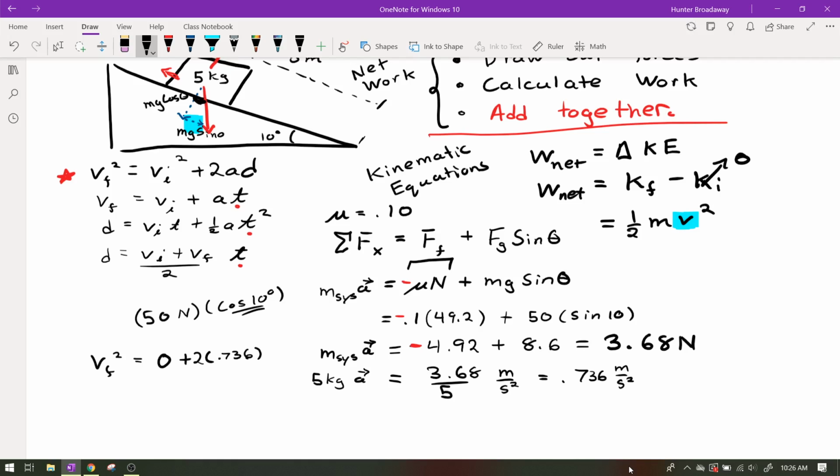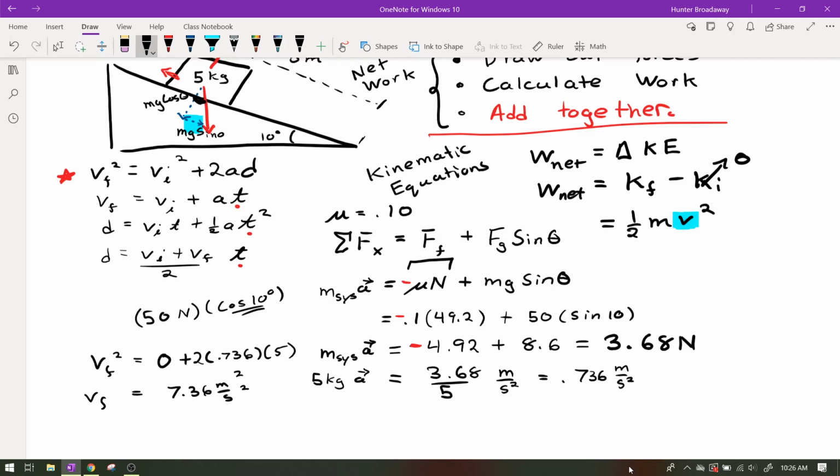0.736 times D, which is 5. And then the velocity squared is 7.36 meters squared per second squared.